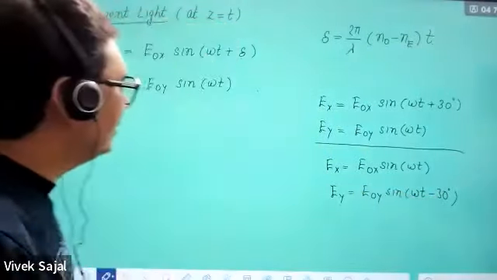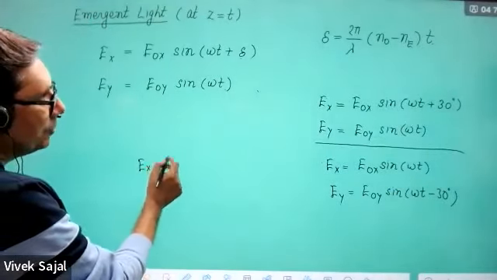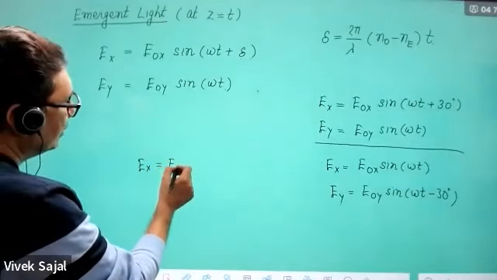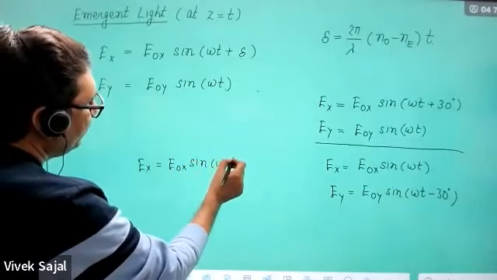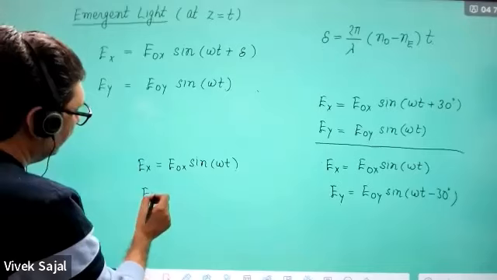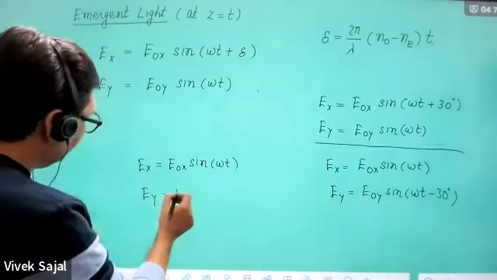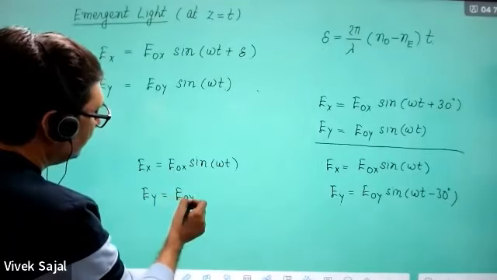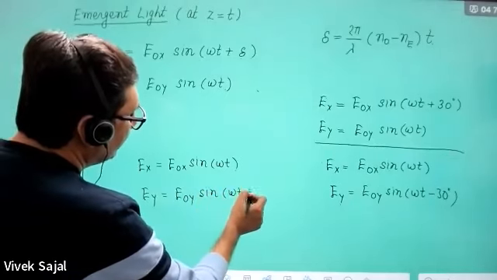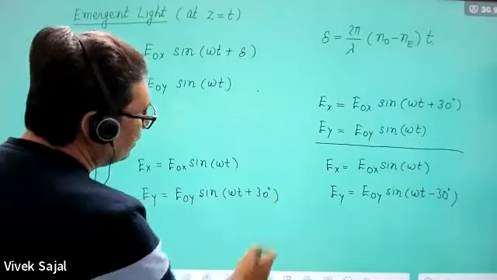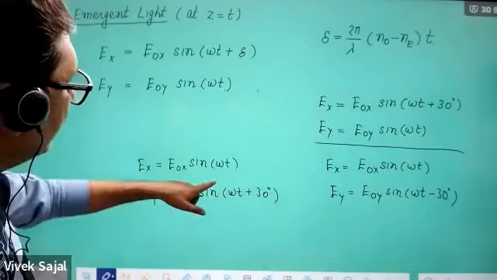But his question is, he's saying that if Ex is, suppose, E naught x sine of omega t, then Ey I write as just E naught y sine of omega t plus 30 degree. ठीक है? Why am I not writing like this? Yes, sir, we can write like this, because try to understand.